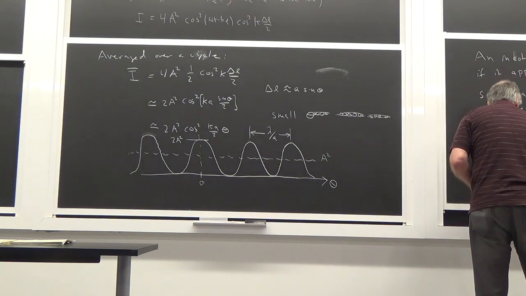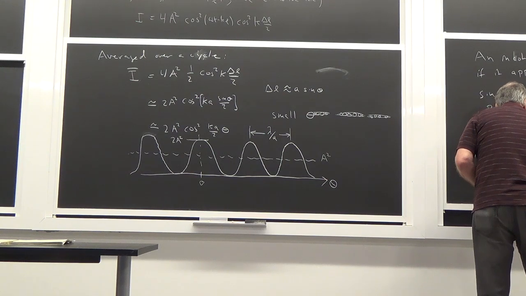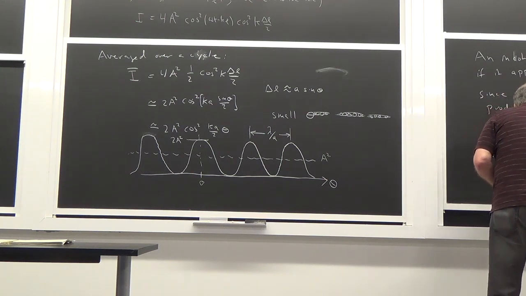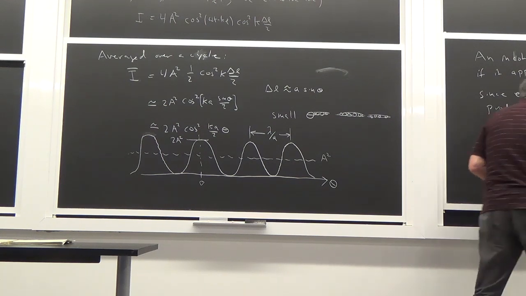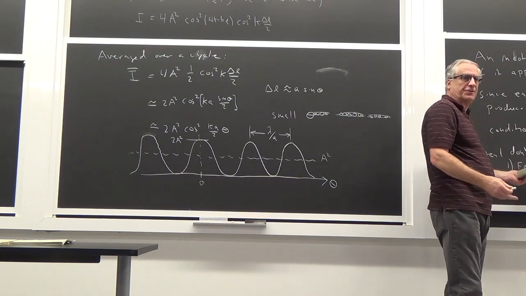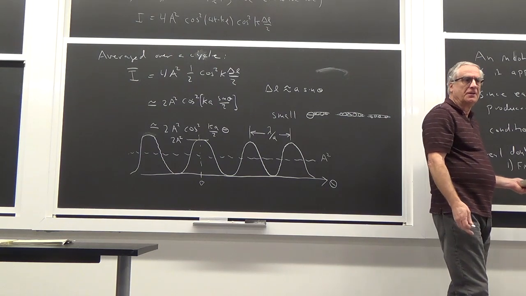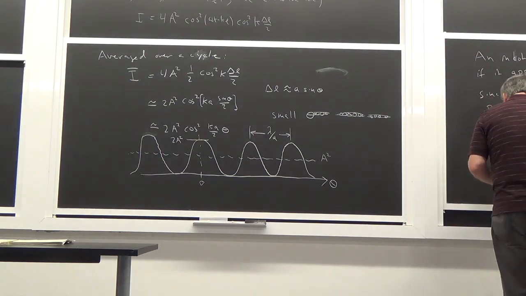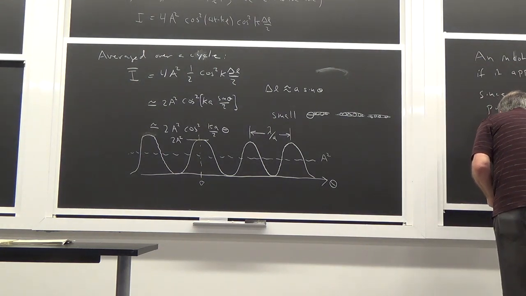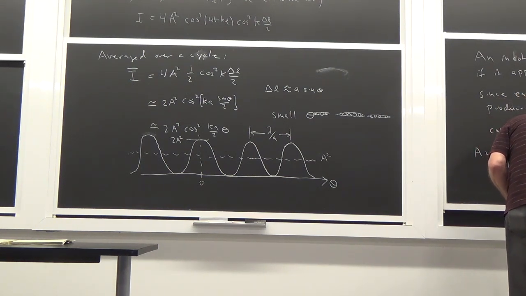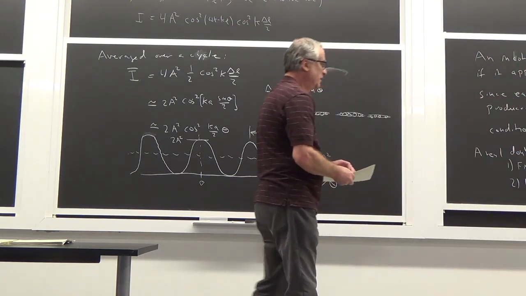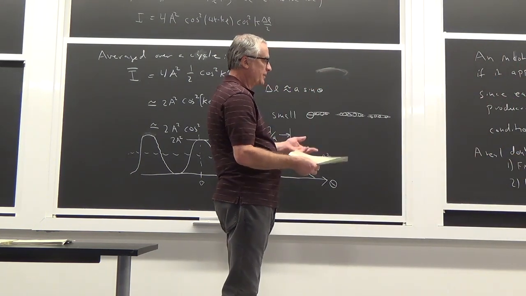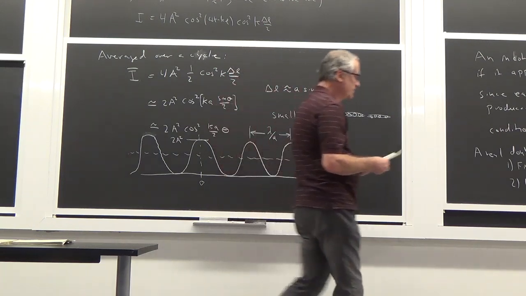One is the finite width of each slit. That is, each of the 2 double slits is like a single slit. And the double slits. So we have the diffraction from a single slit adding to the diffraction off of a double slit.